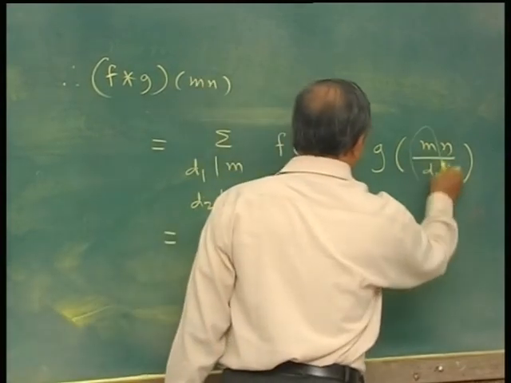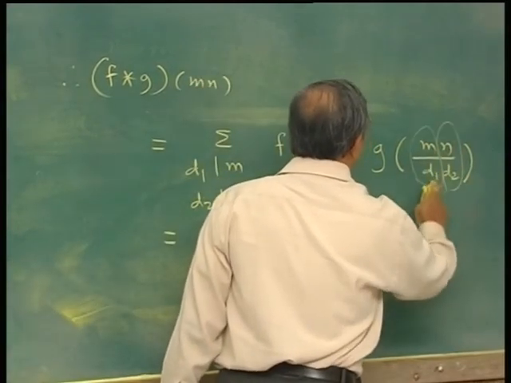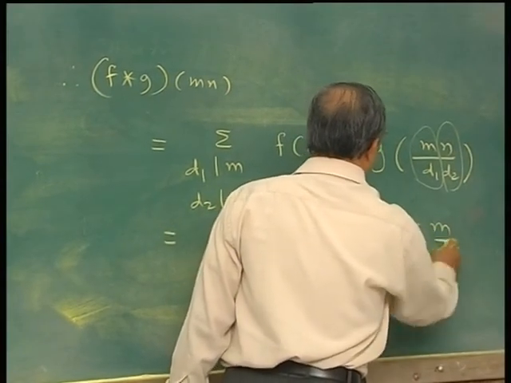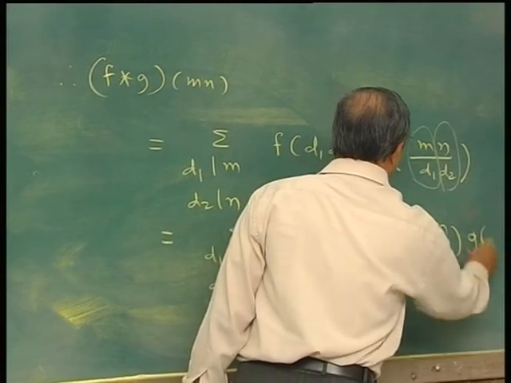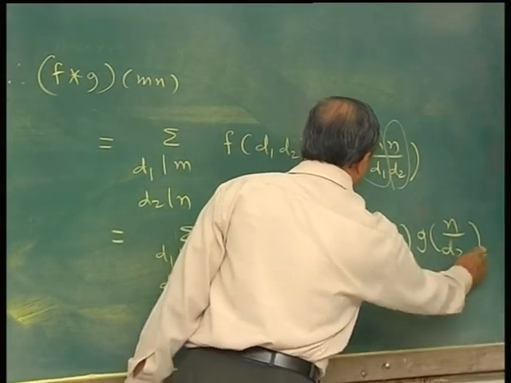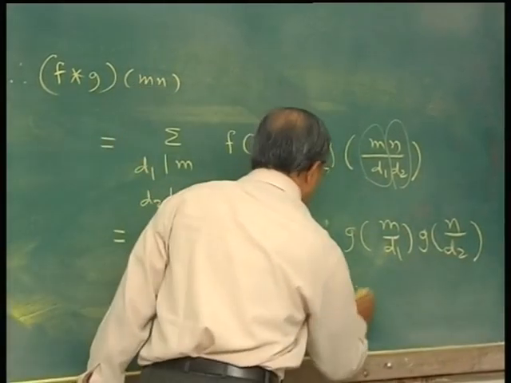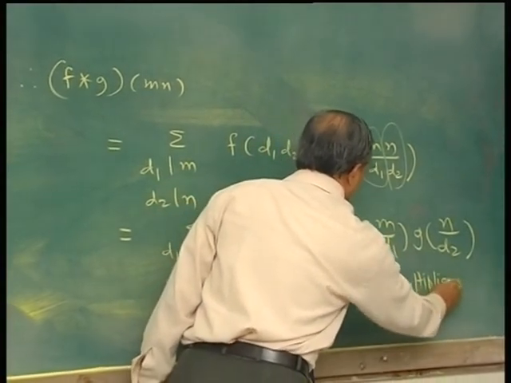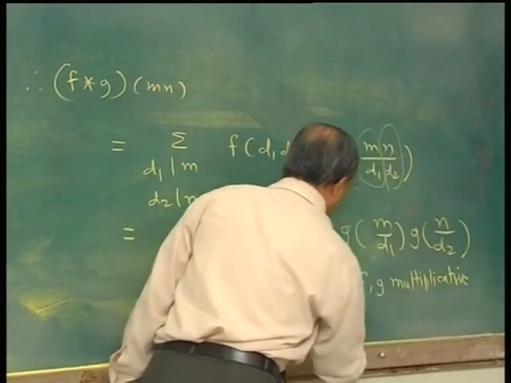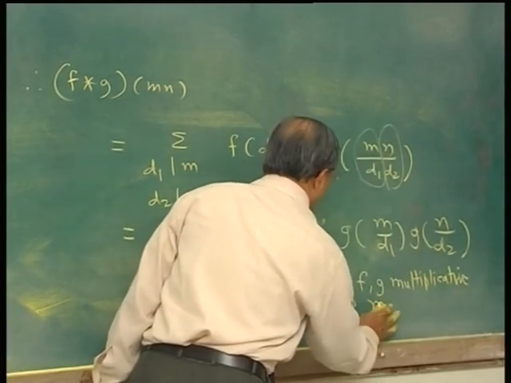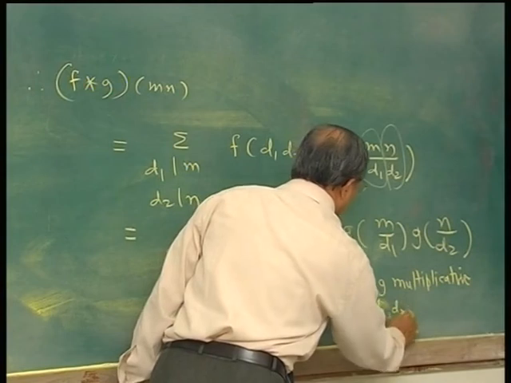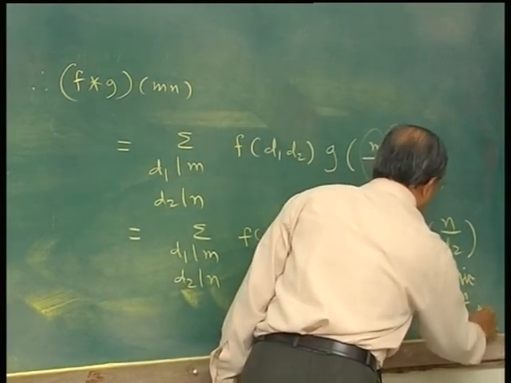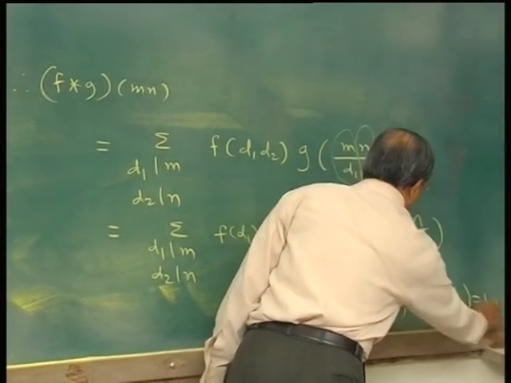Now this we can write as m by d1 and n by d2. These two are also coprime. So g of m by d1 into g of n by d2, because g is multiplicative and gcd of d1 d2 equal to 1, as also gcd of m by d1, n by d2 equal to 1.